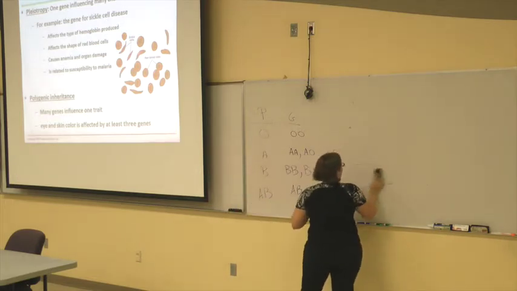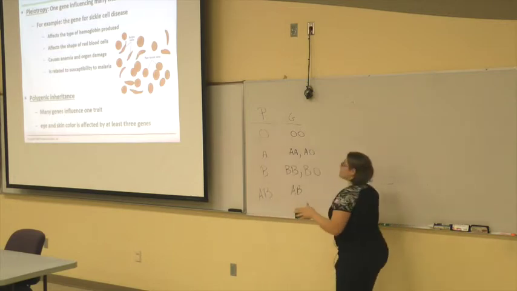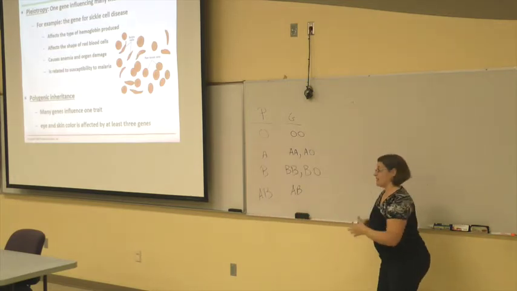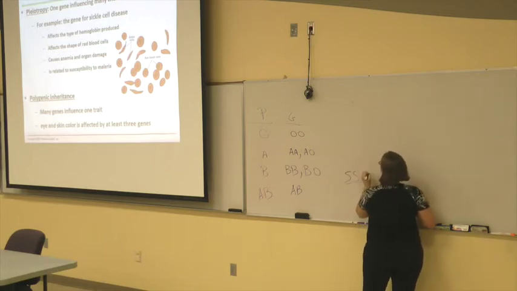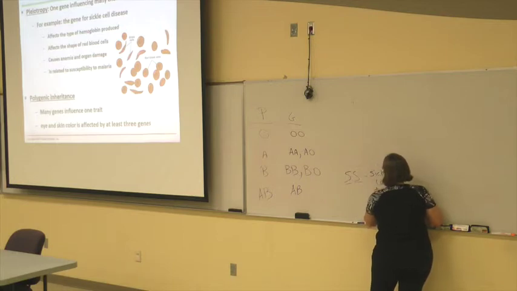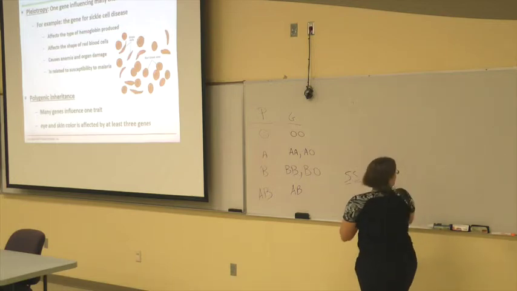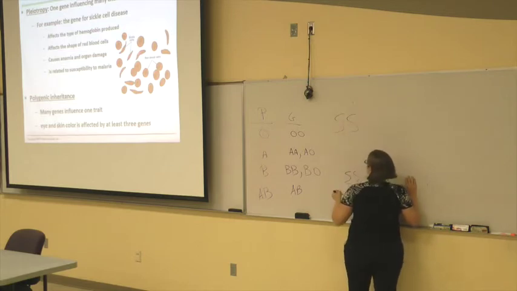Let's take a look at the breakdown of genes. Sickle cell is from recessive inheritance. So to have sickle cell disease, you have to be homozygous recessive, little s, little s. But the other genotypes that are possible are big S, big S, and also big S, little s.